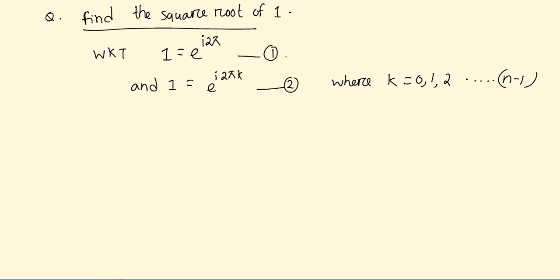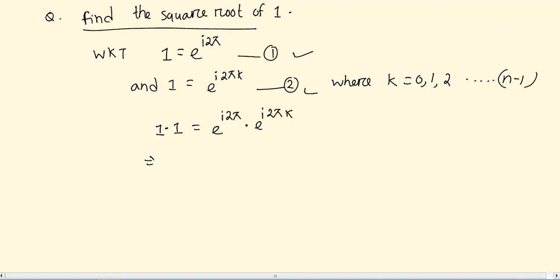Now multiplying equation 1 with equation 2, the left hand side will be 1 into 1 and the right hand side will be e to the power I 2 pi into e to the power I 2 pi k. So this is equal to 1 e to the power, take common I 2 pi and we will have 1 plus k.